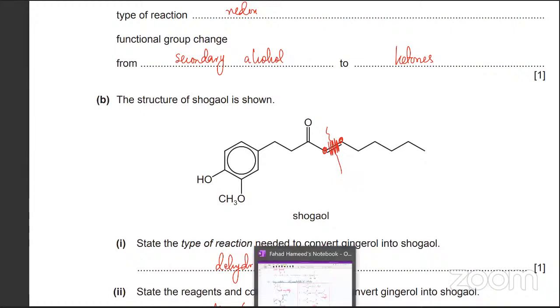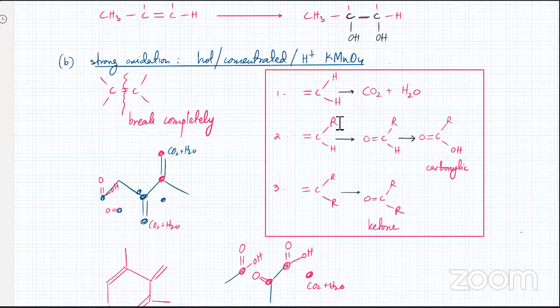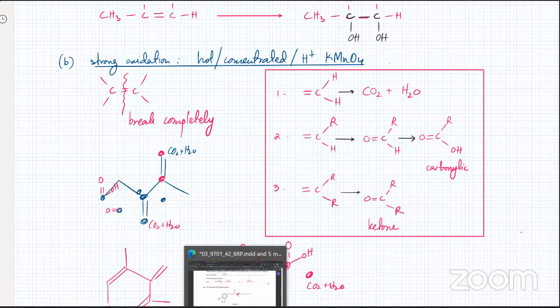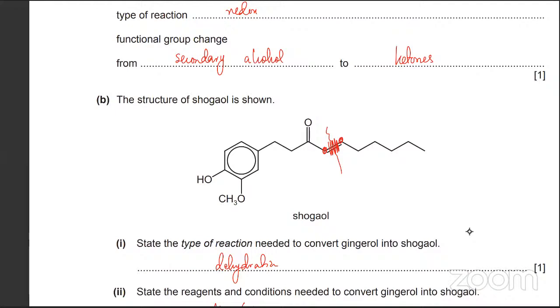So if it's only attached to one carbon chain, it turns into a carboxylic acid. So this one over here will turn into a carboxylic acid. This other one is also bonded to just one carbon chain, so that one will also turn into a carboxylic acid. So you're going to get two carboxylic acids.